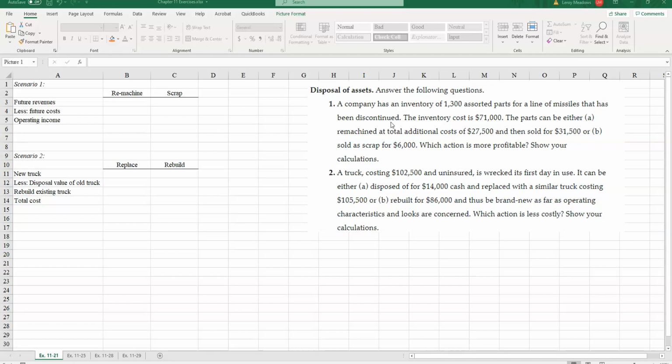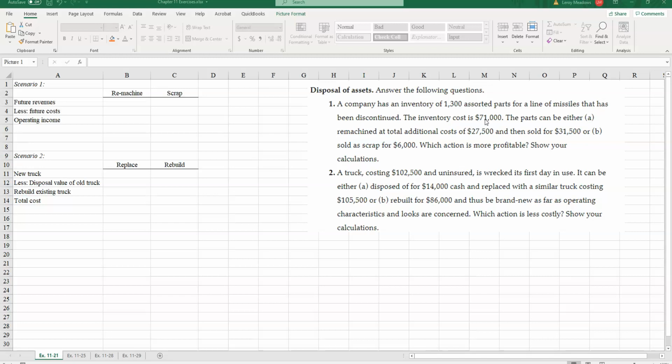Well, let's take a look at the situation. Historical costs that have already been incurred are called sunk costs, and so these are irrelevant to the decision-making process. So the inventory that costs $71,000, we don't care about that. That's irrelevant to the situation.